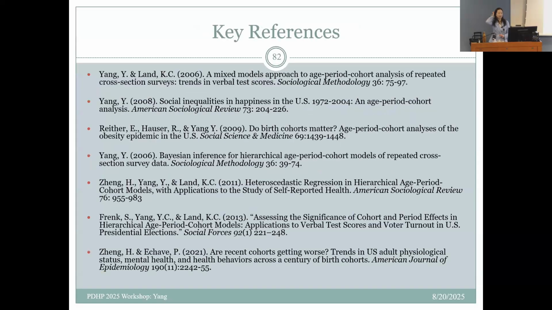Here are the key references in case you're interested in looking into this further. I have omitted a gazillion methodological details due to the time constraint, but these articles do a good job of covering all the territory. So I'll stop here.